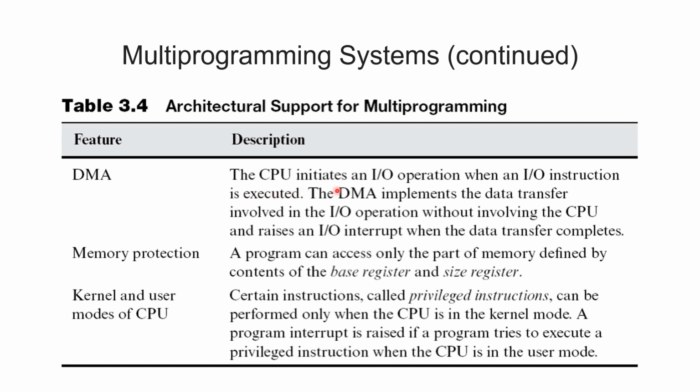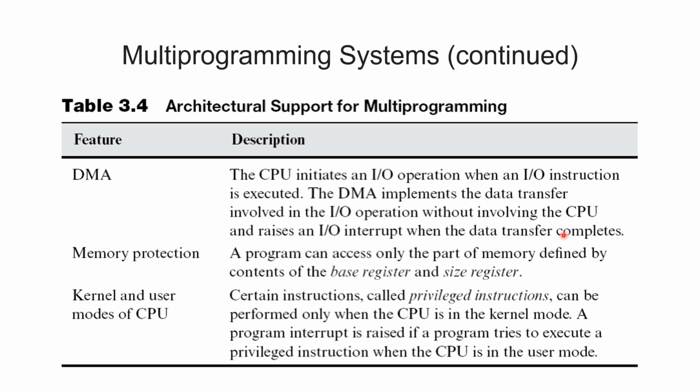The CPU initiates an input output operation when an input output instruction is executed. The DMA implements the data transfer involved in the input output operation without involving the CPU, and raises an input output interrupt when the data transfer completes.